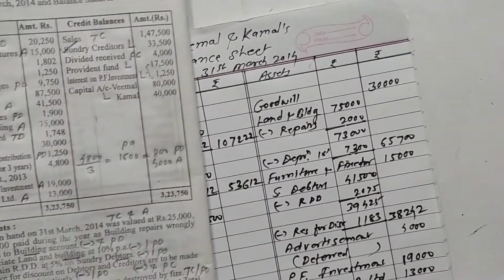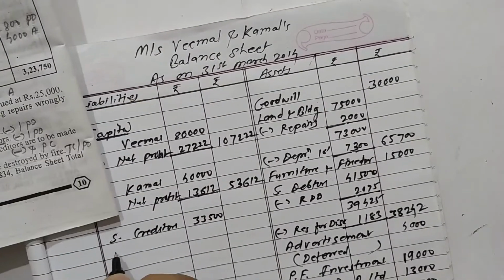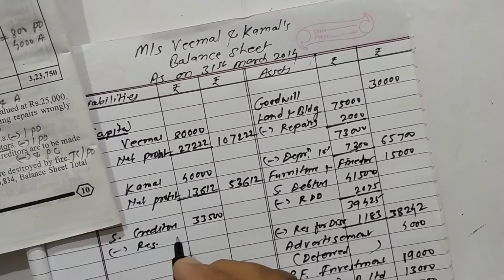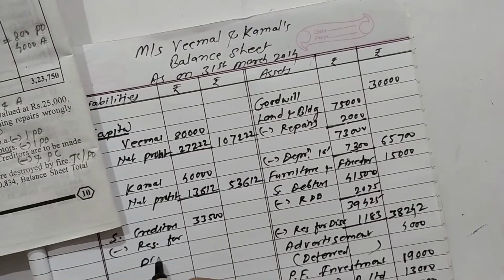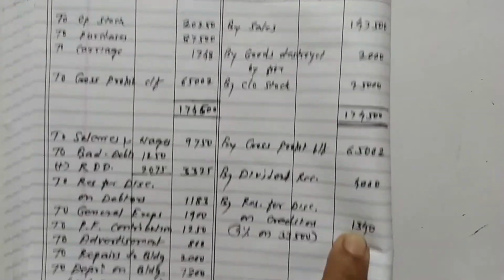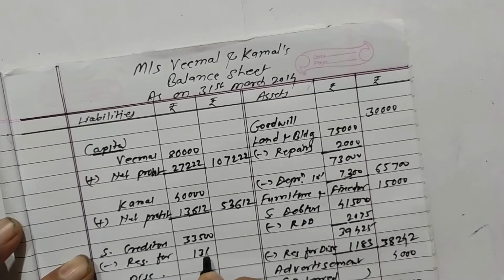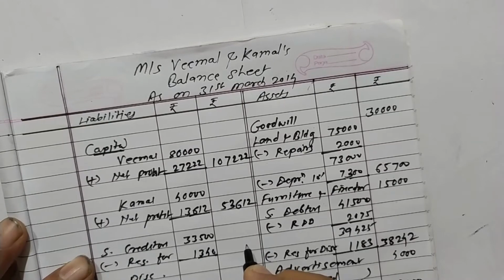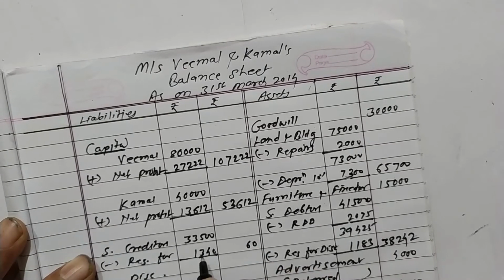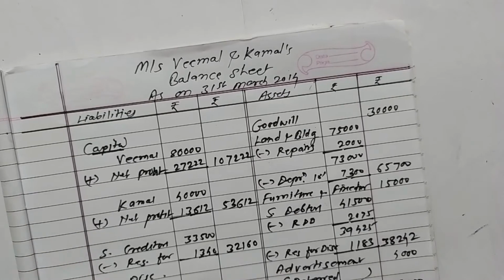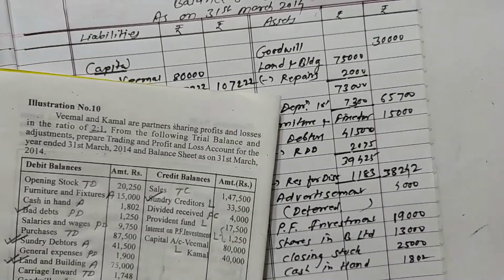There is an adjustment, reserve for discount on creditors. Subtract reserve for discount on creditors, rupees 1,340. Answer comes 32,160.